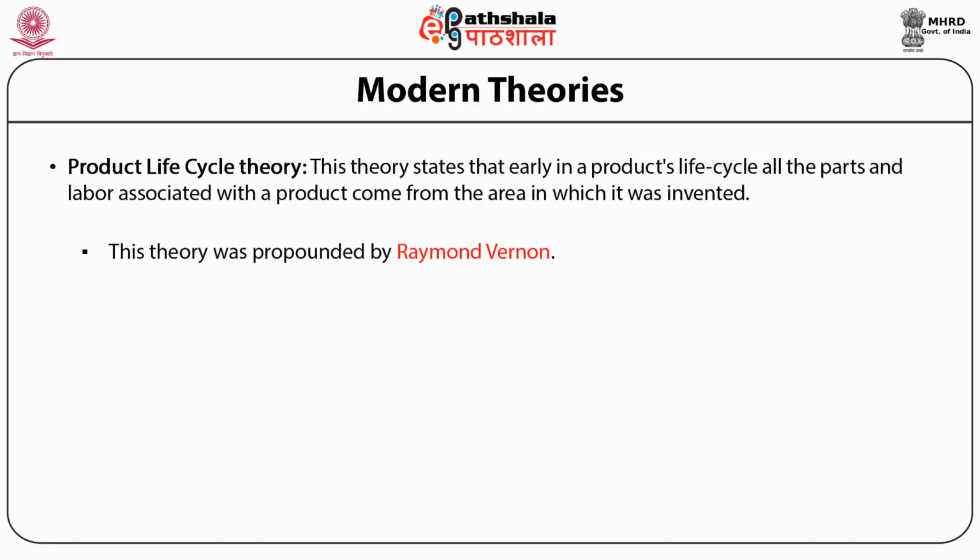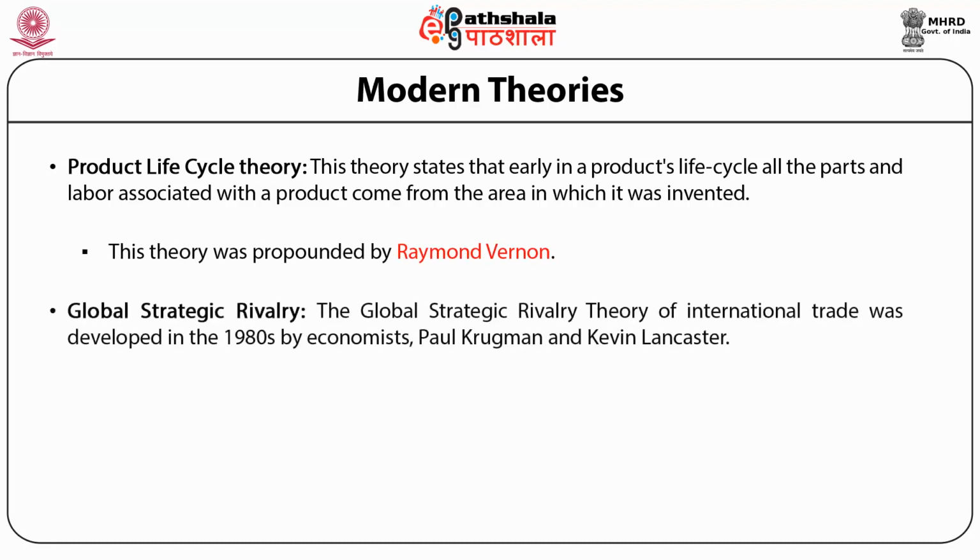Another modern theory is global strategic rivalry. The global strategic rivalry theory of international trade was developed in the 1980s by the economists Paul Krugman and Kevin Lancaster. This theory examines the impact on trade flows arising from the global strategic rivalry between multinational corporations.